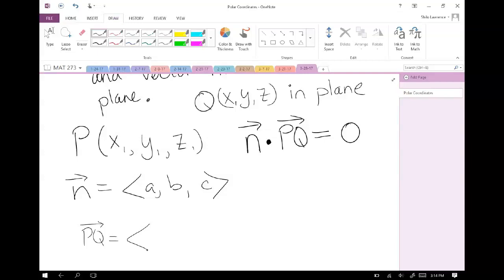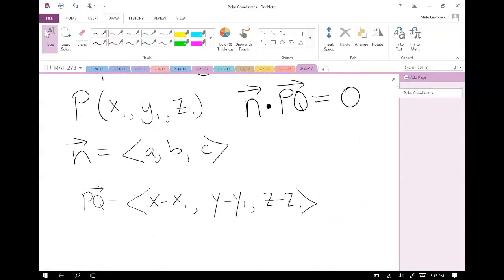We do ending minus beginning. So I'm going to do x minus x sub 1, y minus y sub 1, z minus z sub 1. That's vector PQ. And then I'm going to dot that with n, and it will equal 0, because PQ is in the plane and n is normal to the plane. That is always going to be true, because the dot product of two vectors that are 90 degrees apart is always going to be 0.